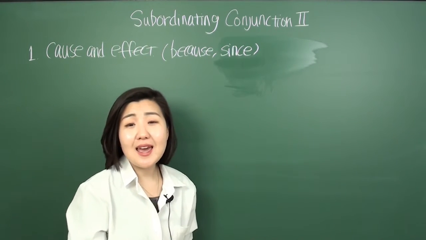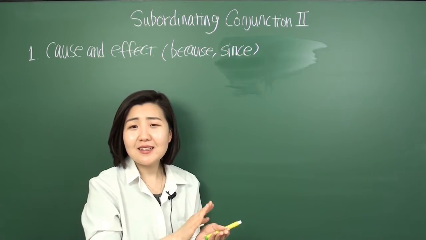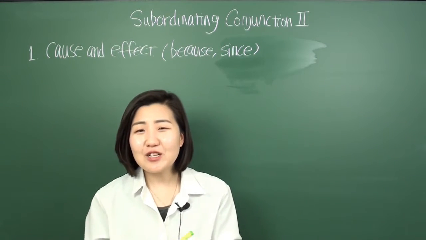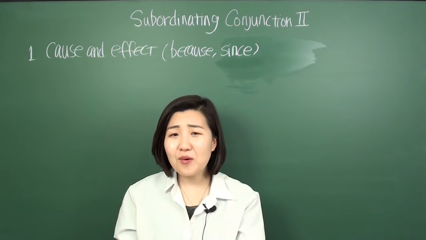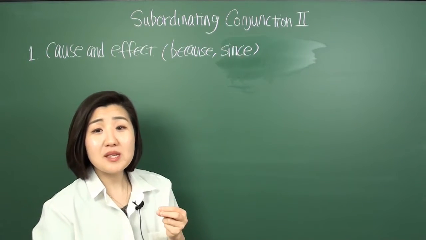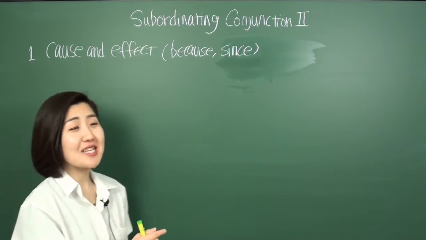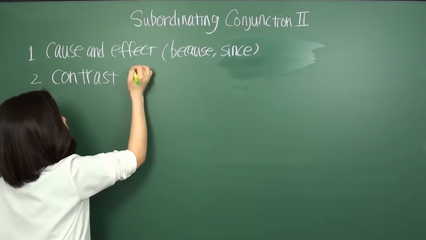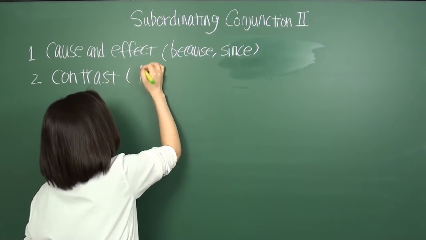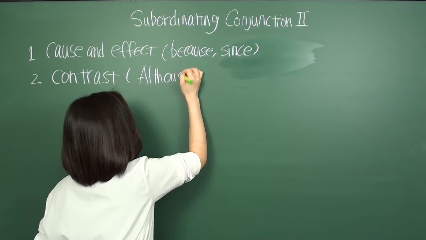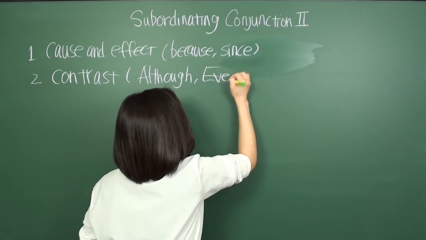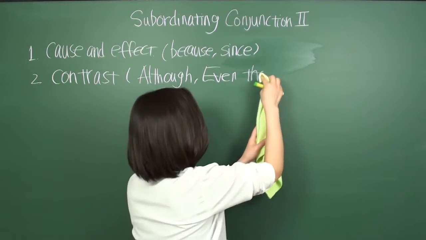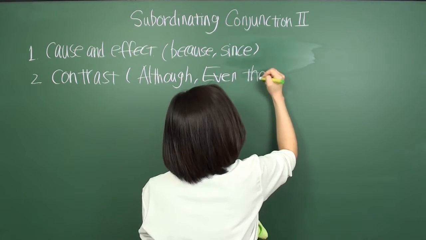That is the one that indicates, what was it? Something that shows us what? Although and even though, that shows us contrast, right? Good. The second group indicates contrast. For example, although and even though or though, all of them are okay.